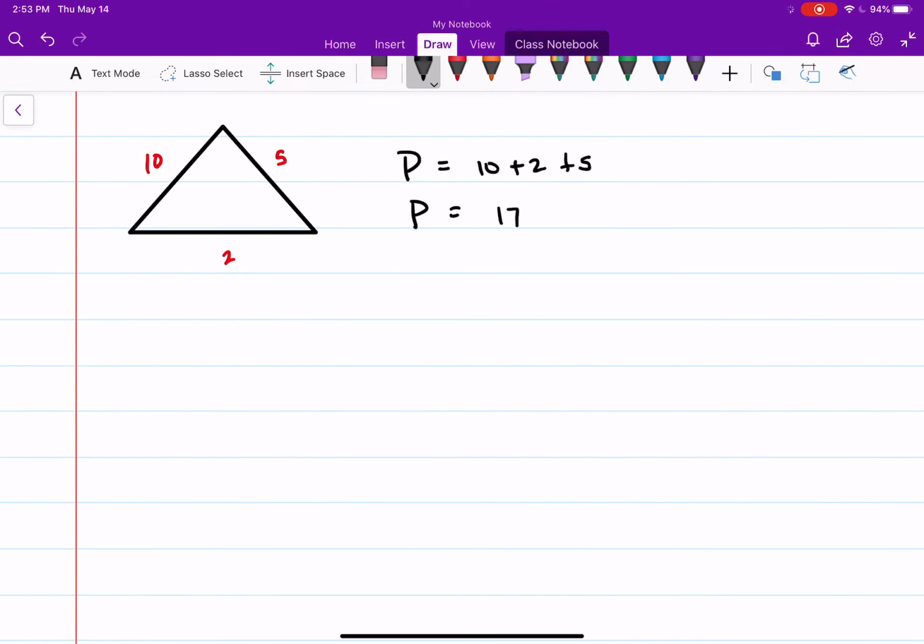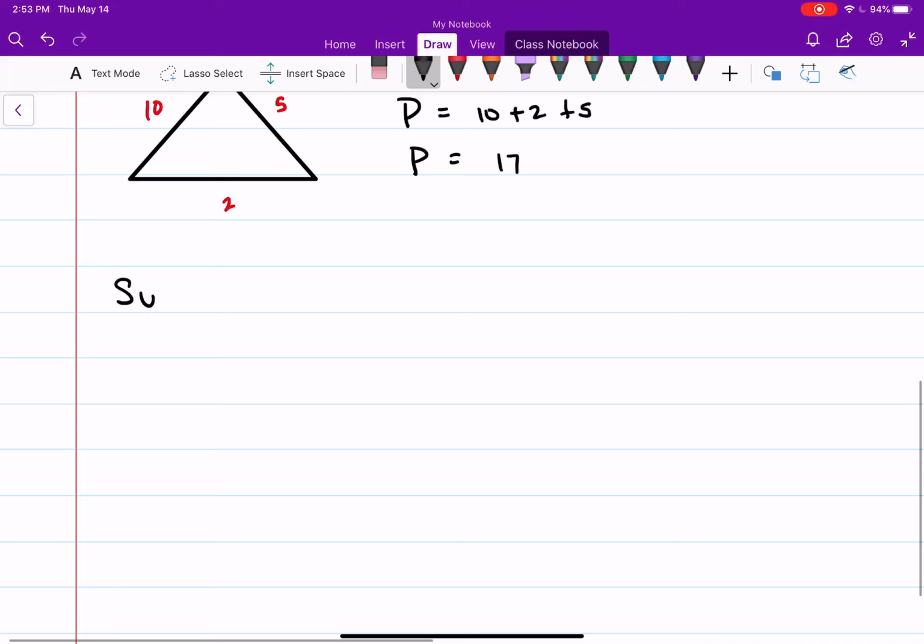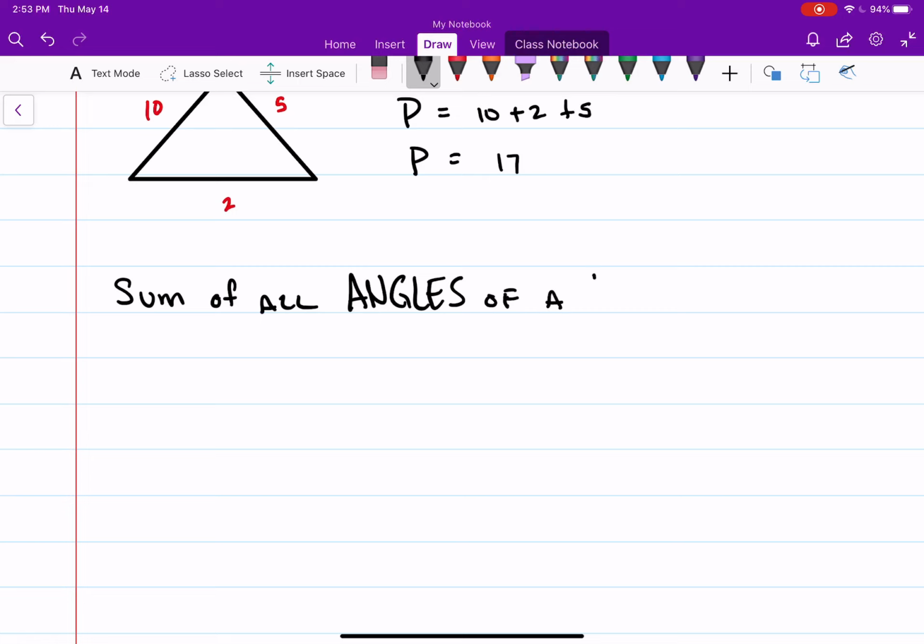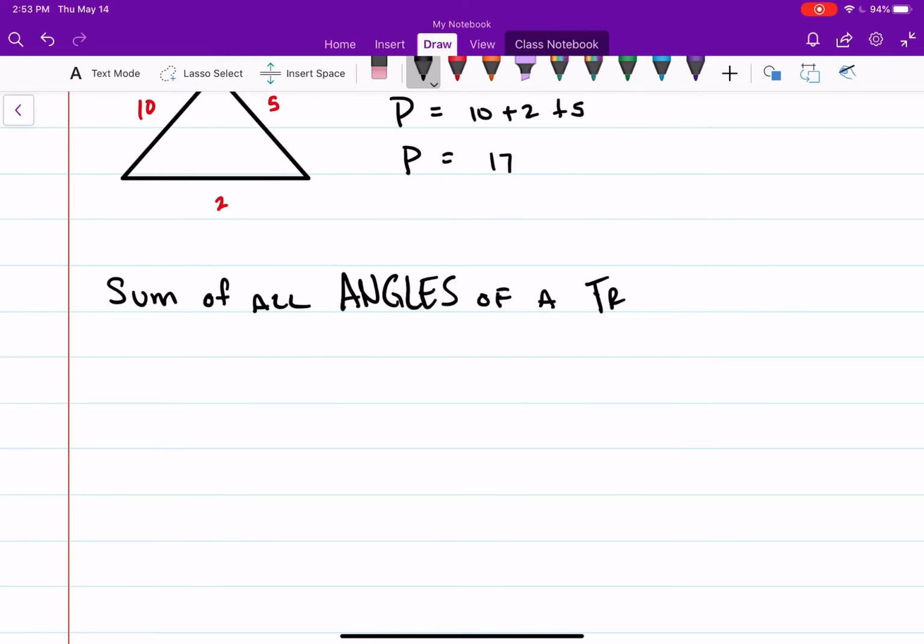I need you to know that the sum of all angles of a triangle, let me just write that out, equals, wow, I can't spell, equals 180 degrees, okay?